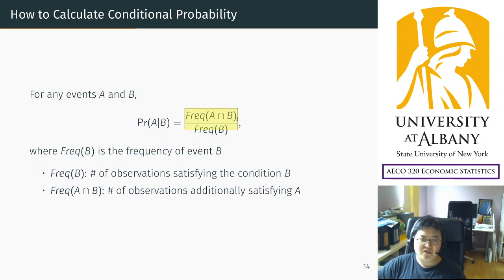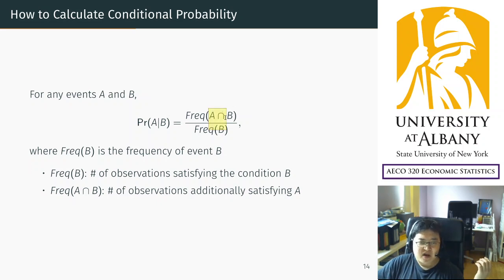And in the numerator, on top, we have the frequency of A cap B. Remember, the intersection means A and B happen at the same time. So it is a new compound event where A and B happen at the same time. But in this context, we already know that we are only using those observations that satisfy B. So all of the observations that we use already have B. B has already happened.